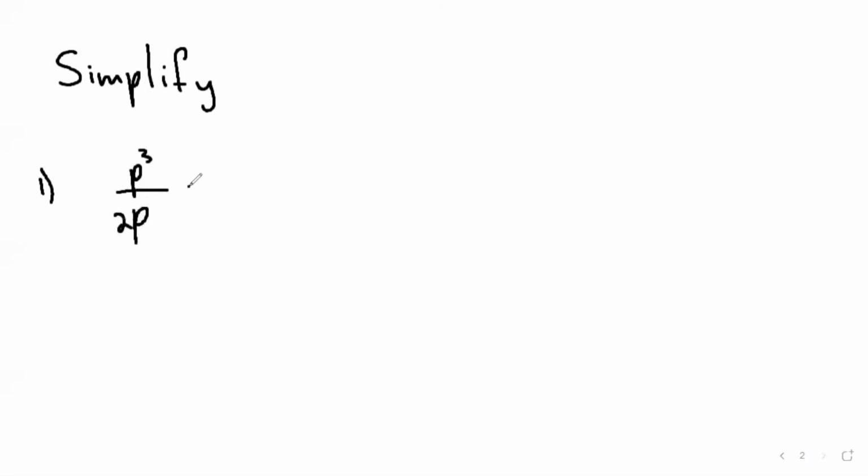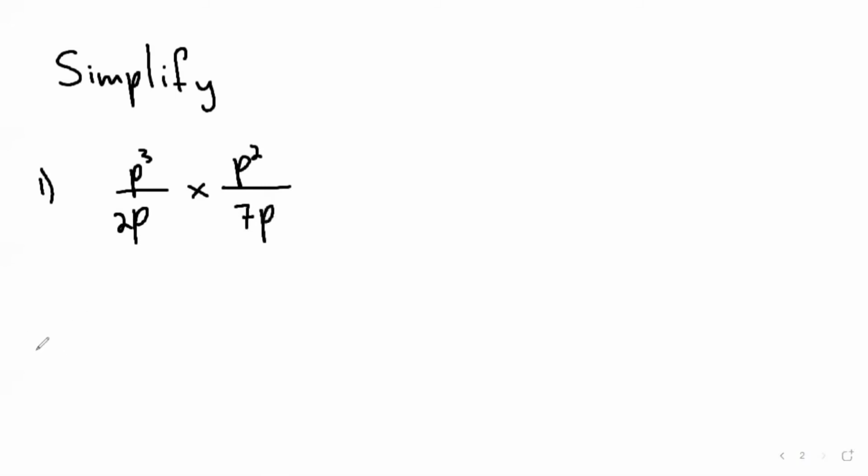So let's see if we could work out a few simplifying problems. Let's do two simple ones. This is one of the things that comes with practice, of course. The more you practice it, you start to see things that you would have never seen before. So here, let's say we have p cubed divided by 2p, and we want to multiply that by p squared divided by 7p.